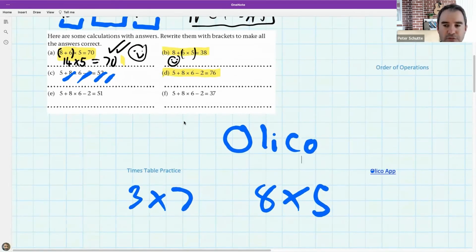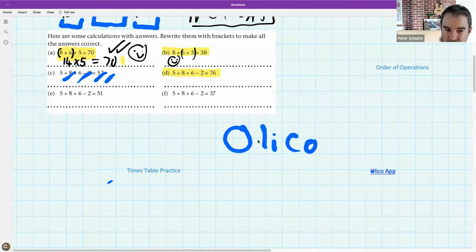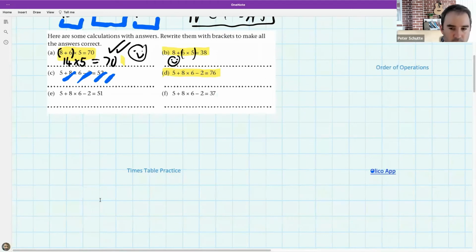I've taught maths for many years, and I know that in grade 8, students who master their times tables really have a good foundation for things like common denominators and fractions that come later. Since today is about operations, that is one of the main things I want you to do. So just give me a thumbs up if you've understood me. Give me a thumbs down if you're like, what are you talking about, crazy man?